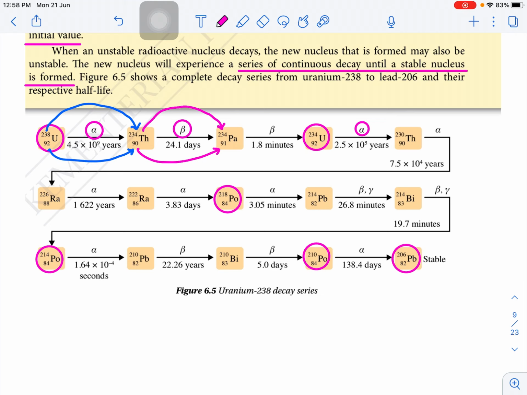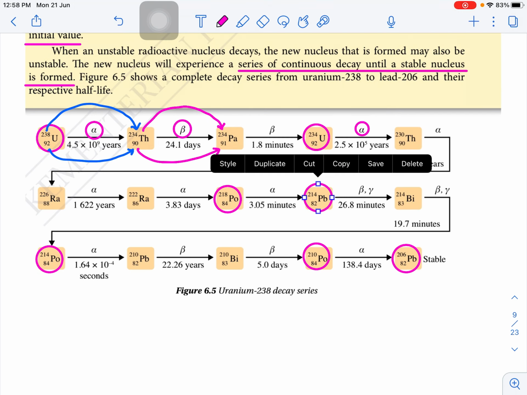Okay. From the diagram, we can also see that the gamma ray will be emitted with other particles. Plumbum or lead 214-82 is a radioisotope, because lead-214 is not a stable nucleus, but lead-206 is a stable nucleus.